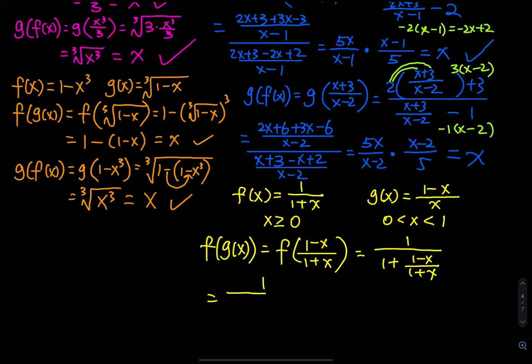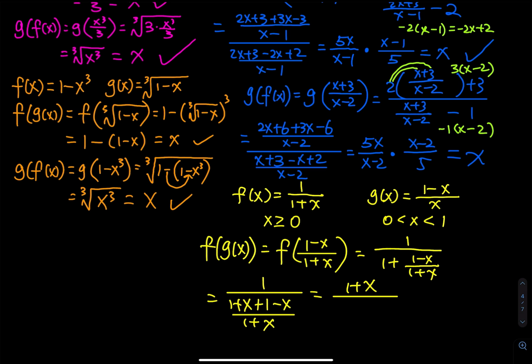And then 1 divided by common denominator, 1 plus x. And then this is 1 plus x minus 1 minus x, right? Reciprocal, 1 plus x flips to the top. And then the bottom is just what? Plus 1 minus x, right?